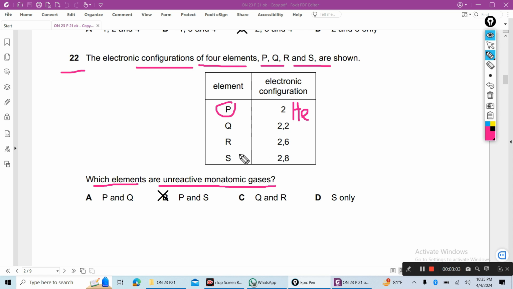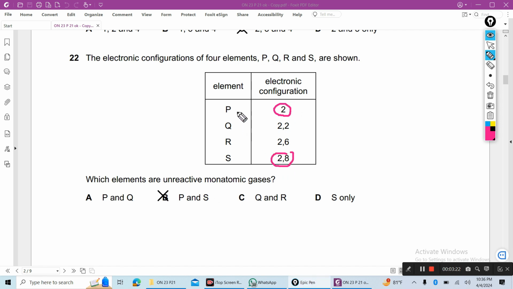Also S, because the outer shell has 8 electrons, so it is a group 8 element, meaning a noble gas. Noble gases are unreactive and monoatomic. So P and S, helium and neon, these are monoatomic and unreactive, I mean noble gases.